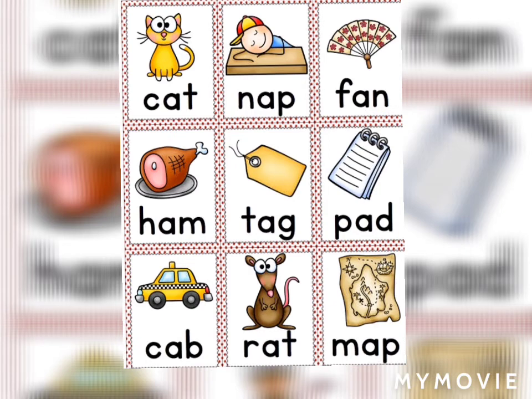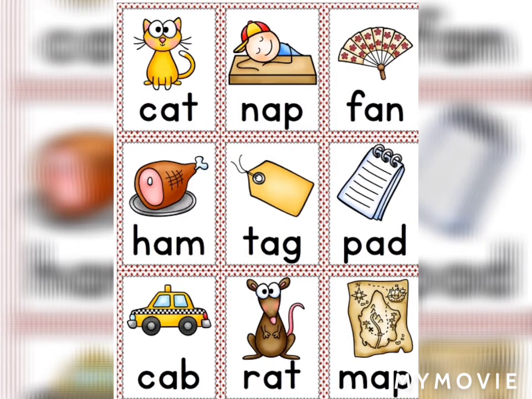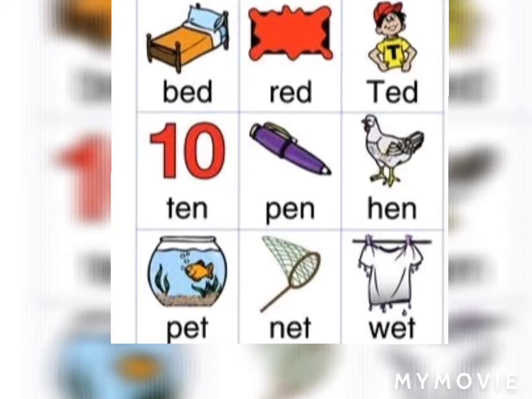Now I'll ask my little one, who is currently in grade 2, to read out the rest of the CVC words with the short sounds of E, I, O and U. So Mishika, are you ready for the words? Yes. Okay. Bed, red, ted, ten, pen, hen, pet, net, wet.